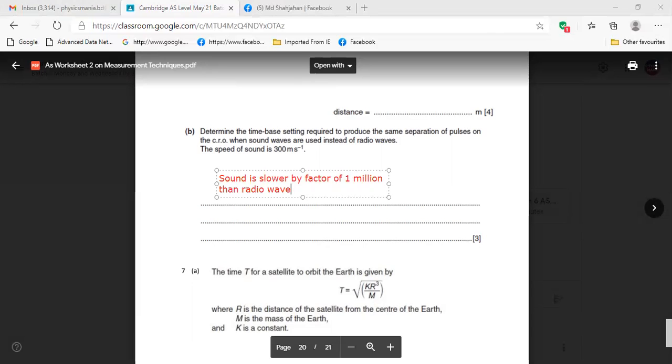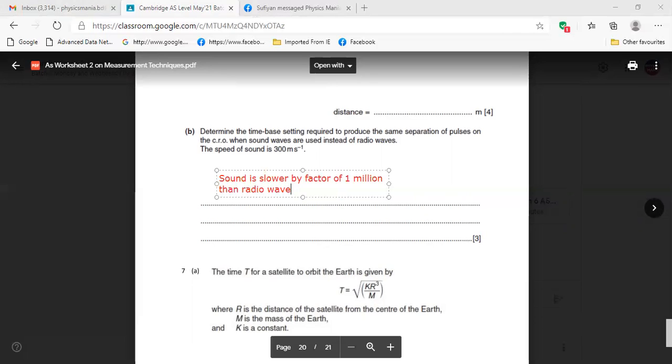Like for each centimeter, for light, we know light is faster, right? Yes, sir. And sound is slower. So for radio wave we got 0.20 microsecond. That means time is very small to reach 1 centimeter, isn't it?